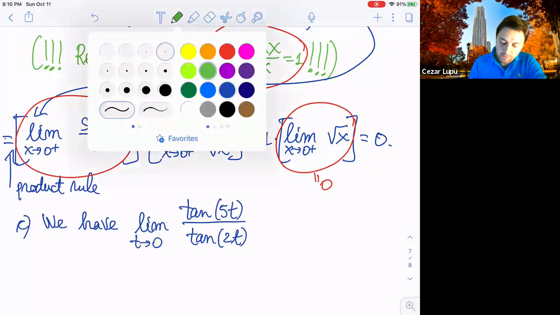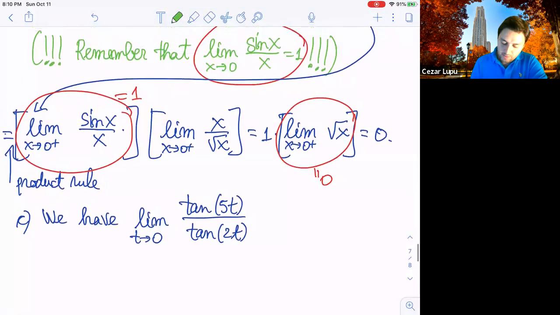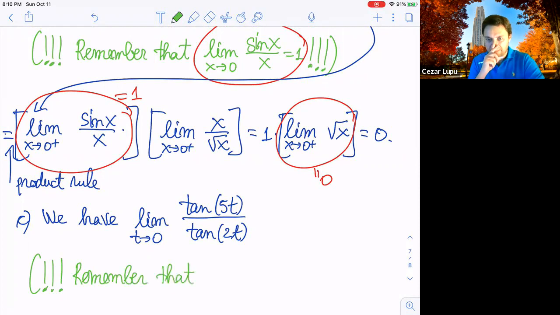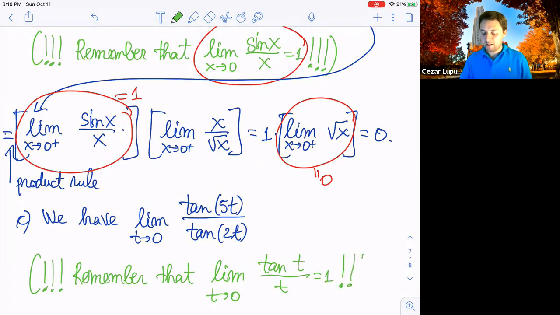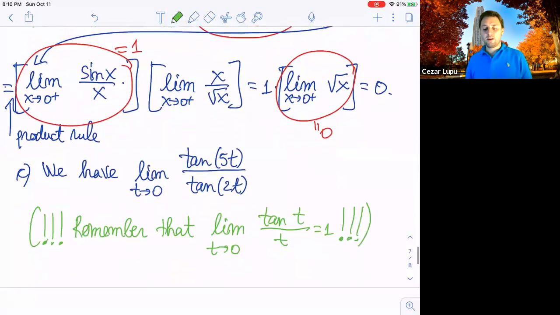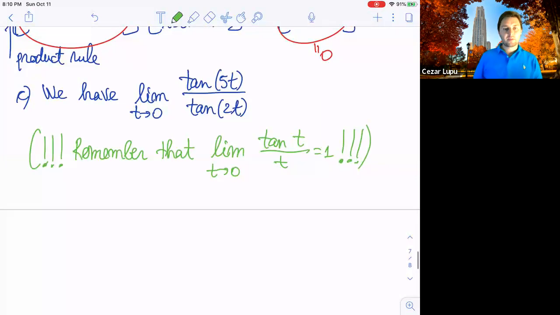Let me remind you something which is similar. So remember that the lim as t approaches 0 of tangent of t over t is 1. So it's the same thing as for sine. And we would like to use this, but pay attention because the expression is a bit different.